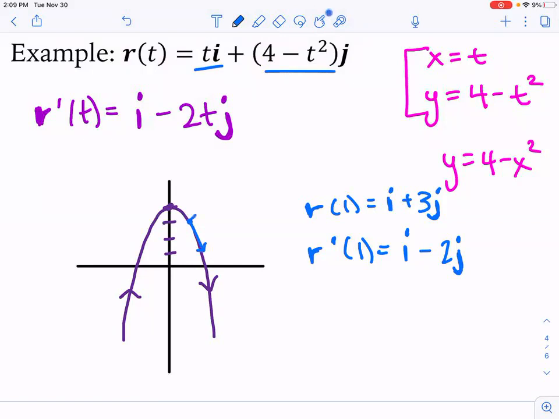What would you call this vector right here? Our normal vector. This is a tangent vector, then this is our normal vector. Yes, those two vectors would be orthogonal, which means their dot product would be 0. Okay, you remember something from last week. That's good.